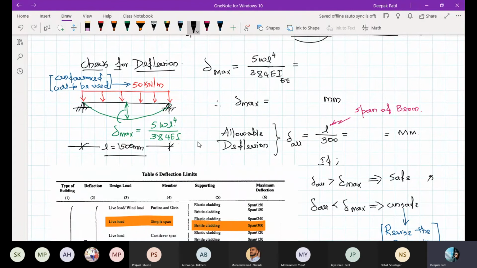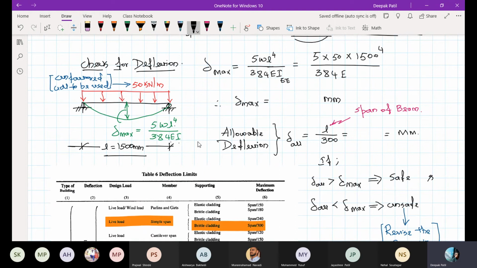Let me just calculate that, 5 times 50. Actually, I should convert 50 kilonewton per meter to Newton per millimeter. If you convert that, it comes 50 itself, because 50 into 1000 divided by 1000. So 50 will remain as it is, multiplied by 1500 raised to 4, that is L raised to 4, divided by 384.